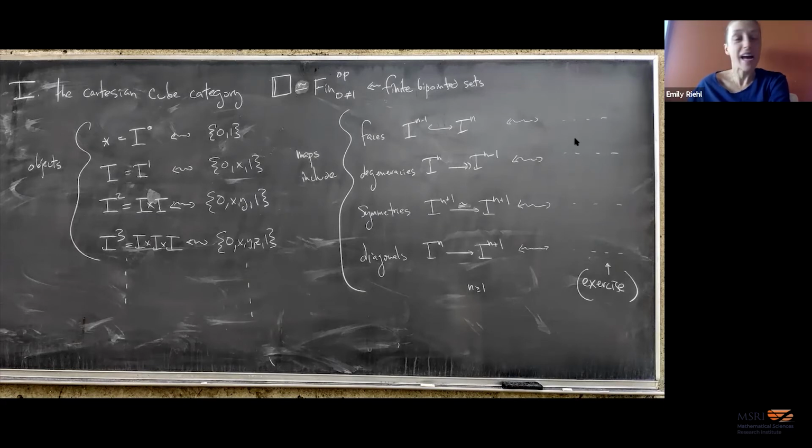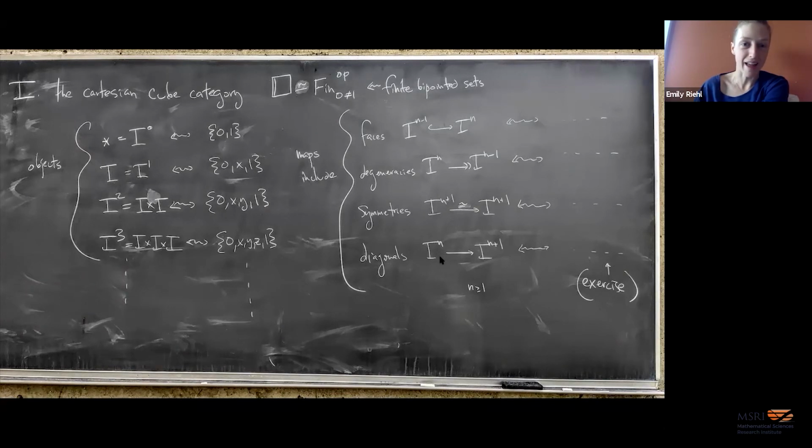Okay, so I left this as an exercise because I think this is one of those things that if you do it for yourself, you learn a lot more. As I mentioned, there are 4 types of maps, but then there are also, of course, the composites of these maps, which won't necessarily be exactly one of these 4 types. These are the faces, the degeneracies, the symmetries, and the diagonals. I'm indicating what dimension these things start in here.